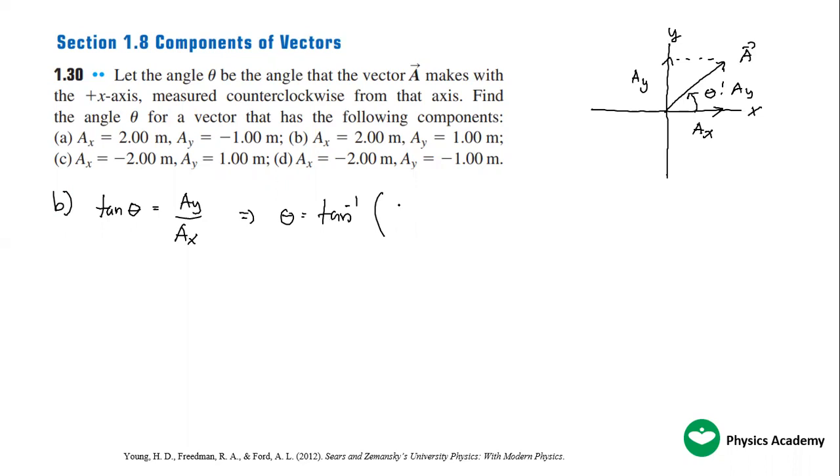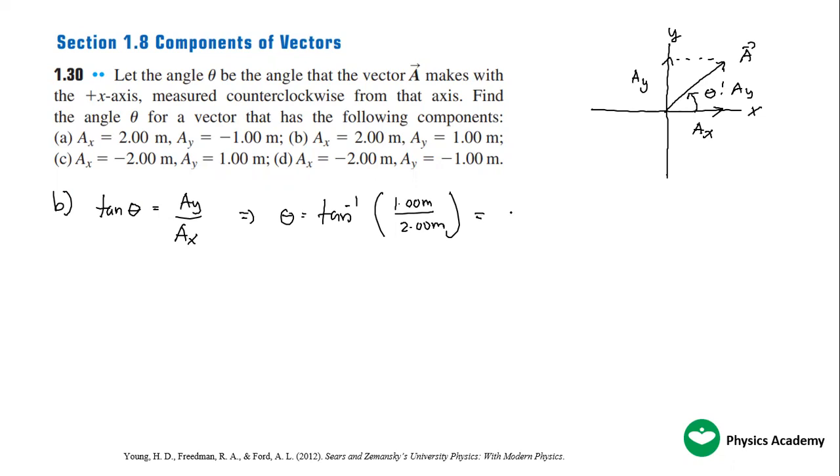times this AY, which is 1.0 meter over 2.0 meter. Shift tangent, 1 over 2.